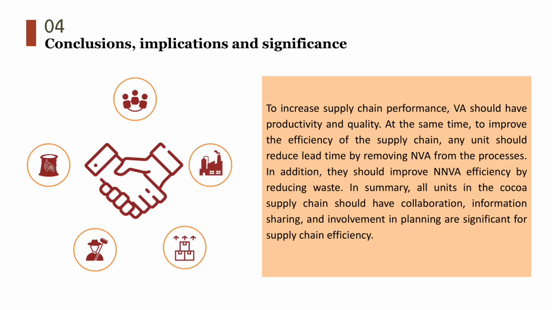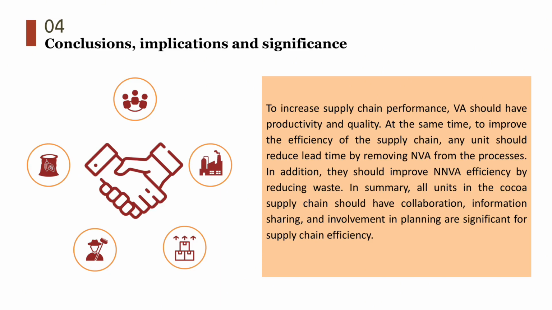To increase supply chain performance, VA should have productivity and quality. At the same time, to improve the efficiency of the supply chain, any unit should reduce lead time by removing NVA from the process.